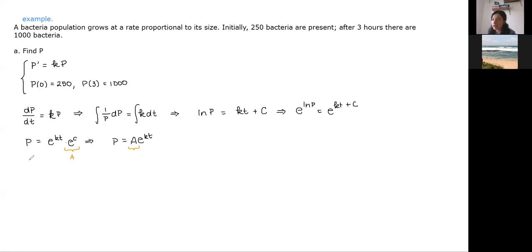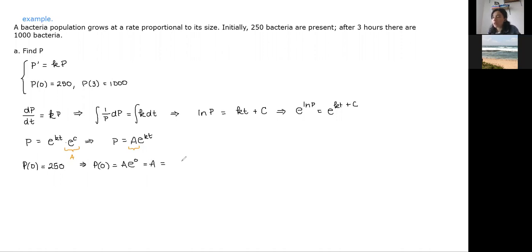So the first is that p of 0 is equal to 250, which means that I'm going to make this equation be true, and that means I'm going to have p of 0 is equal to a times e to the power of 0, which is equal to a, right?